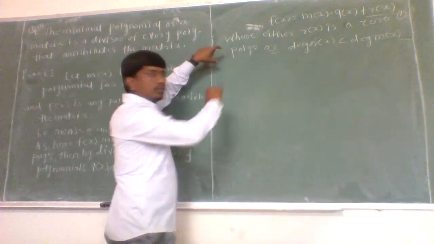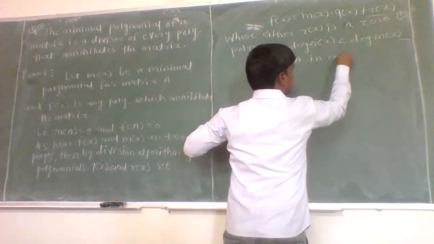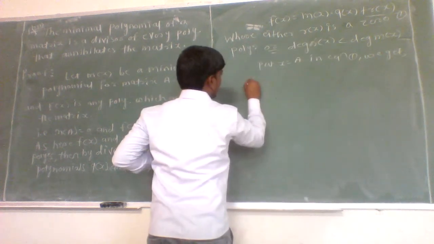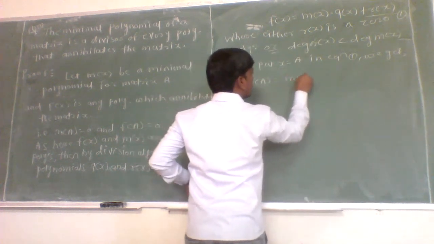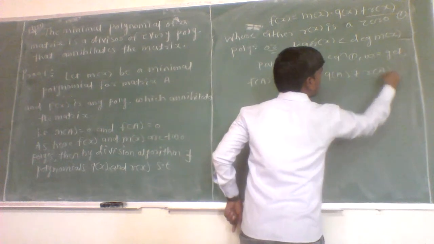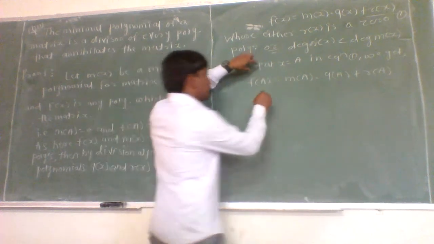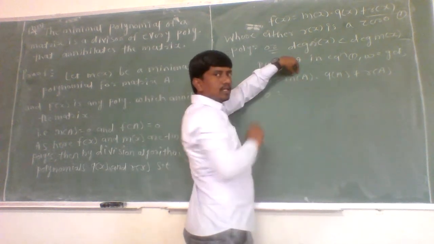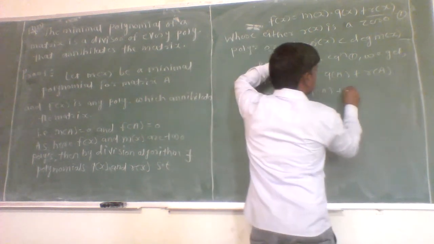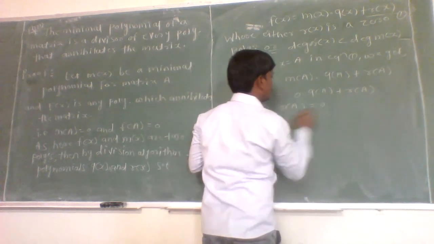Now put x equal to A in equation 1. We get f of A equal to m of A into q of A plus r of A. Now we know that f is an annihilating polynomial, so f of A will be equal to 0, and m is the minimal polynomial, so m of A is also 0. So we have 0 into q of A plus r of A. From this we can write r of A is equal to 0.